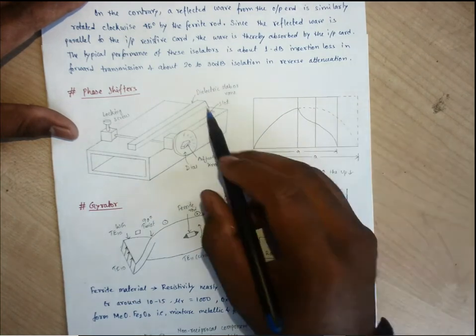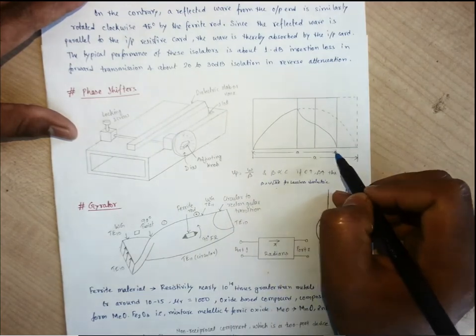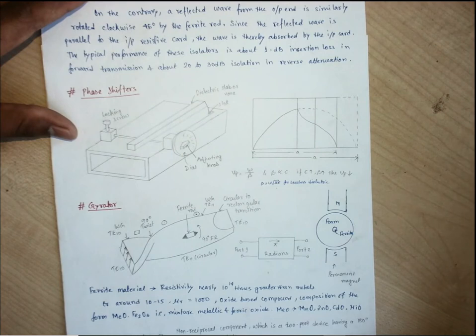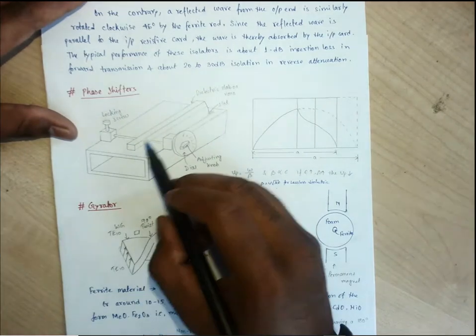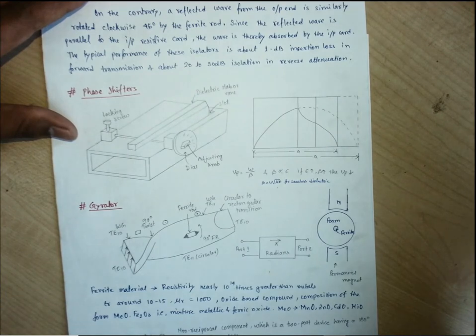Now with the entrance of this dielectric slab, the effective dimension of the waveguide is changing. This is the modified dimension, and its phase velocity also changes. So the main function is to adjust this dielectric slab or vane inside the waveguide.